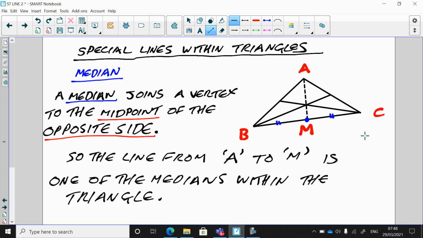And what you find is that all 3 medians they meet at one point, and that point there in the centre where they cross is referred to as a centroid, but we might talk about that later. We'll see if it crops up, but let's just stick to 1 here.